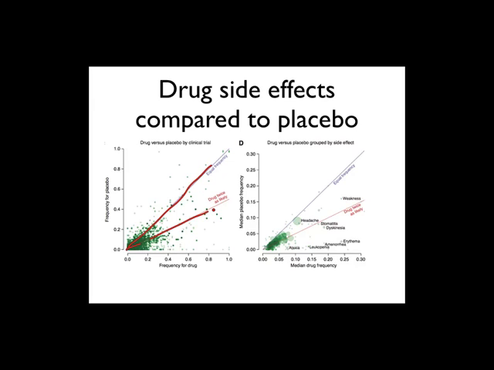And if you look at them, you can see the ones that are equal frequency over here are very common, such as headache, and the ones that are more likely with a real drug, which would really be a real side effect, are things like erythema, amenorrhea, leukopenia, things that are more serious and are likely to be caused by the drug.